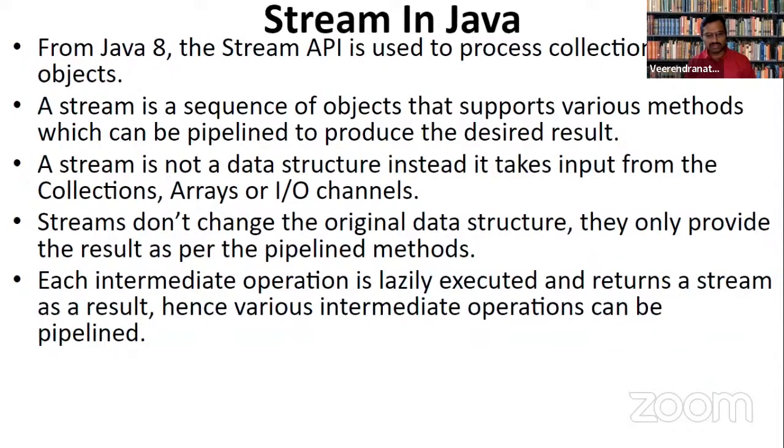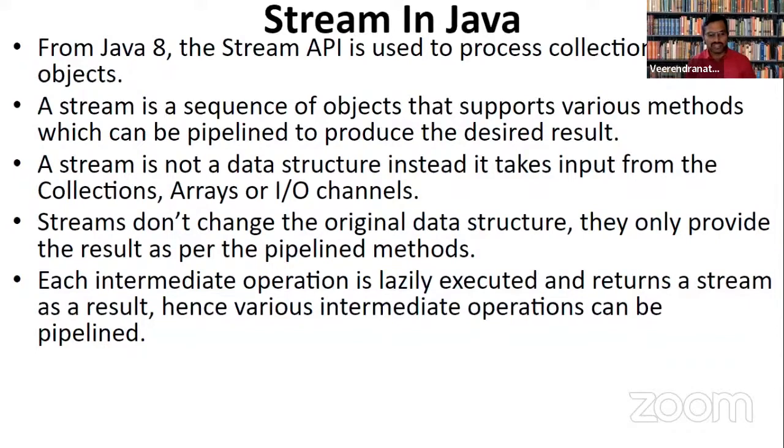So intermediate operation is nothing but we will have some operations, or you can say some functions, which will be helpful for working on that collection object or an array object.